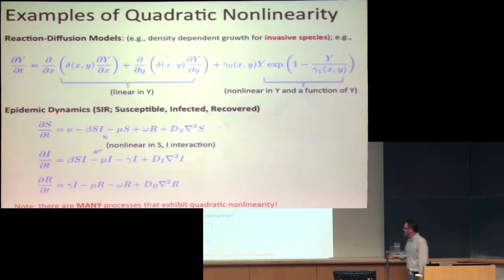In the usual traditional simple epidemic model, SIR model, the interaction between susceptibles and infecteds is nonlinear. It makes sense, right? If an infected person comes in contact with a susceptible, there's a chance that there's going to be an infection. But the rest of the system is linear. Okay? So that's a real world process.